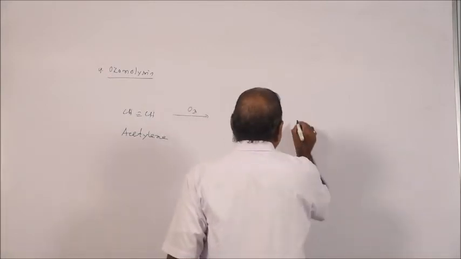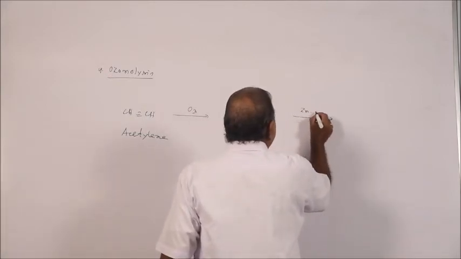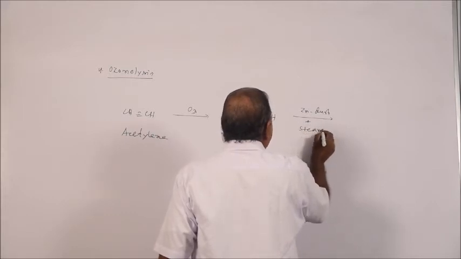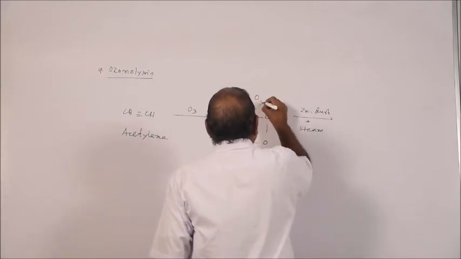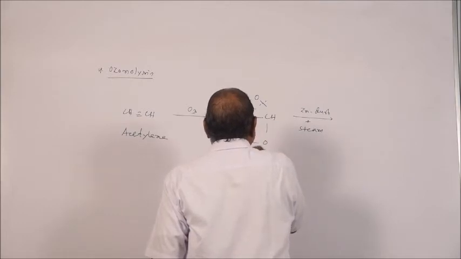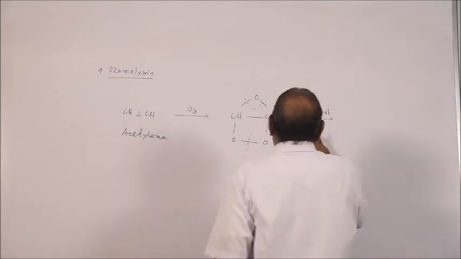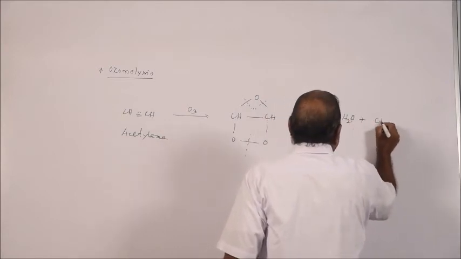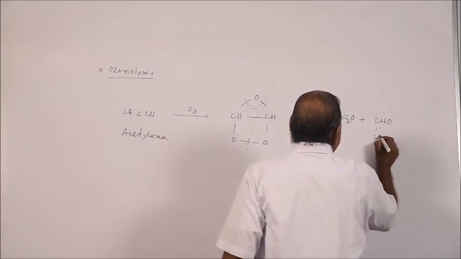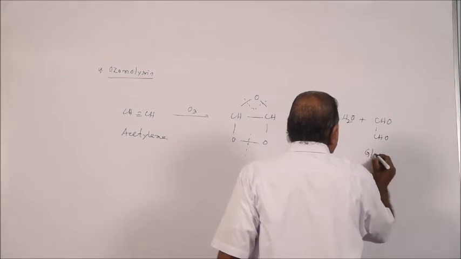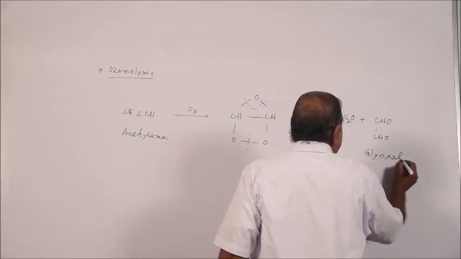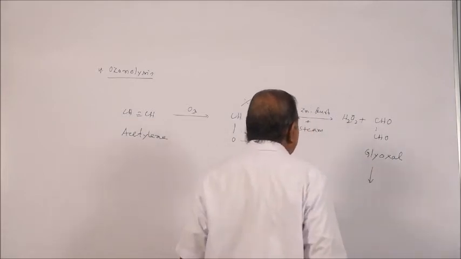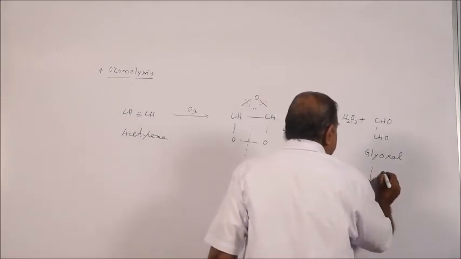Now, this ozonide, when heated with zinc dust and steam, the carbon-oxygen bond breaks and this oxygen bond. Here water, that is steam, takes oxygen, giving hydrogen peroxide, giving you CHO CHO. This is your glyoxal, which is a dialdehyde. This hydrogen peroxide formed here is an oxidizing agent.